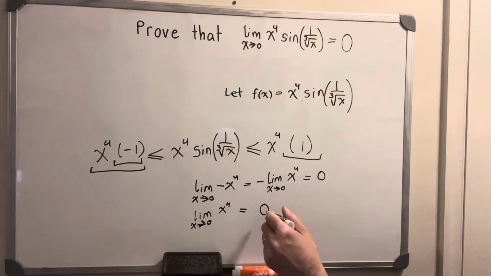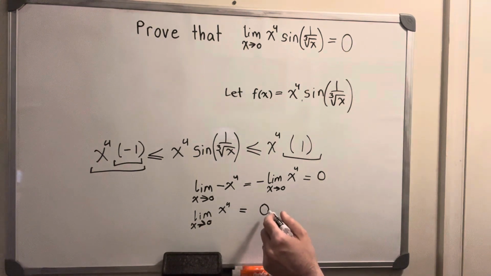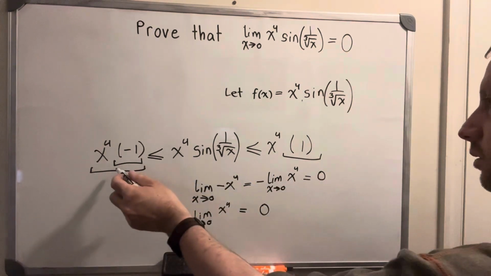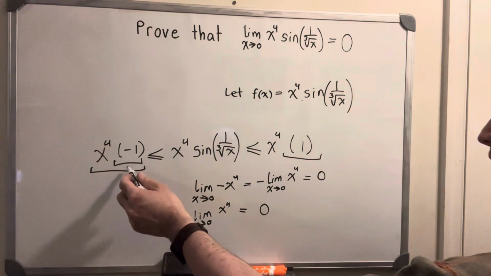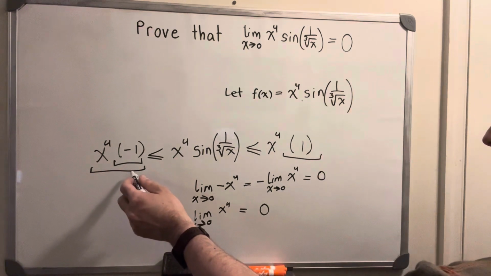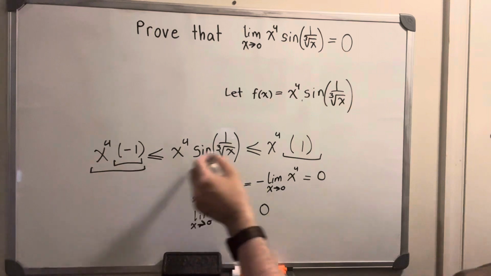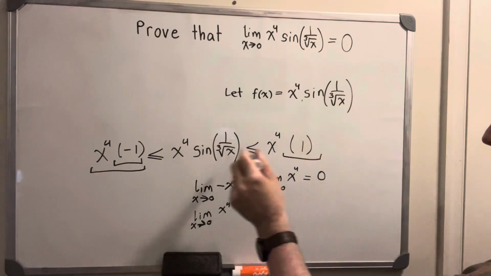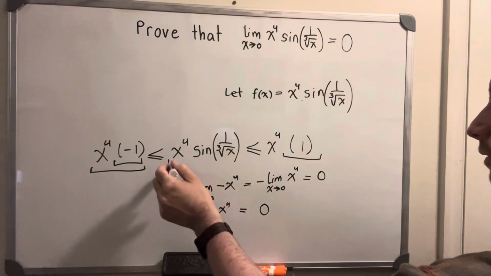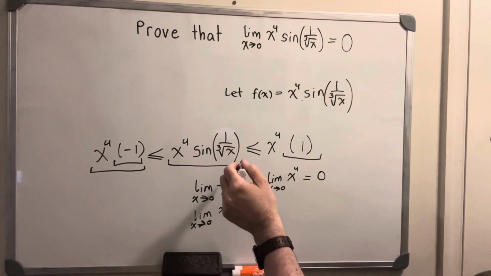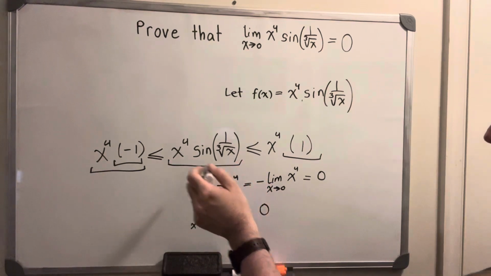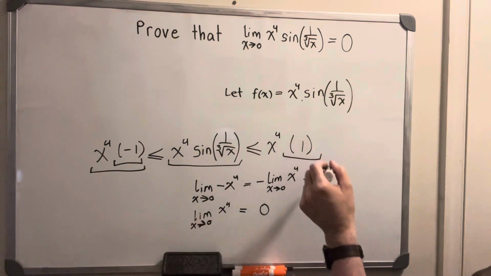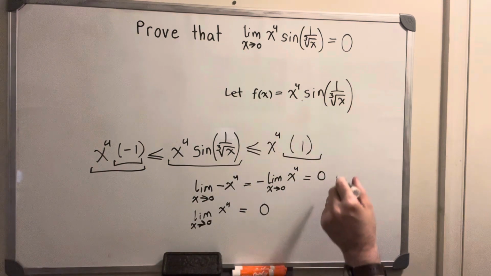And here we go. Here's the squeeze theorem at work. The lower bound limiting function is 0. The limit is 0. The upper limit is 0. And this function limit is between 0 and 0, so it must be 0.